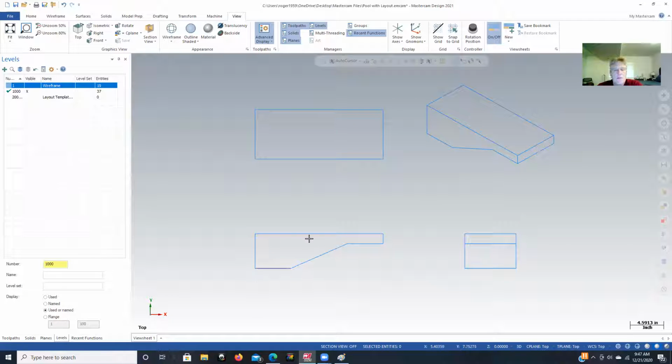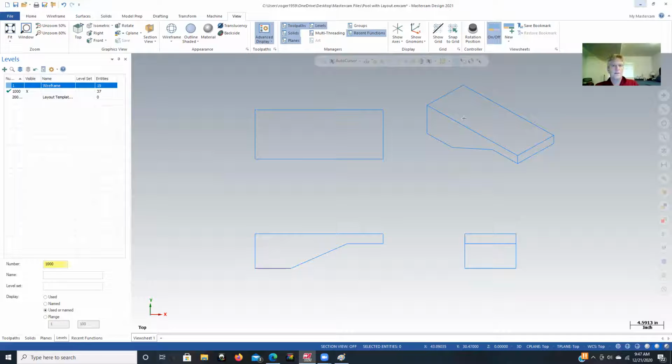So this is your front view. This is what the swimming pool looks like from the front. If you were looking down the end of it, it would look like this. And if you looked at it from the top, it would look like this. All right, there's your little teaser on Mastercam.